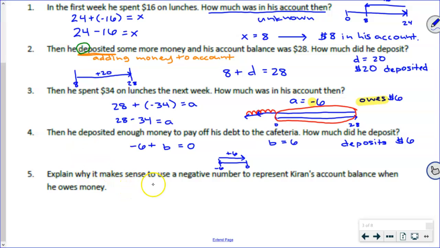And now we're going to be using negative numbers to represent amounts below $0. We have to represent them different than when they're positive, when we actually have money.